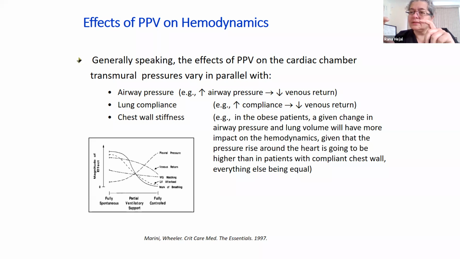And when you do that, you will end up with a decrease in your driving pressure, which is the plateau minus the PEEP, until you reach a point where it doesn't happen anymore and it becomes a fixed number and you cannot do anything with it, meaning that you've reached your limit.